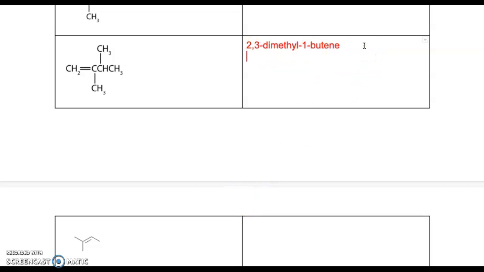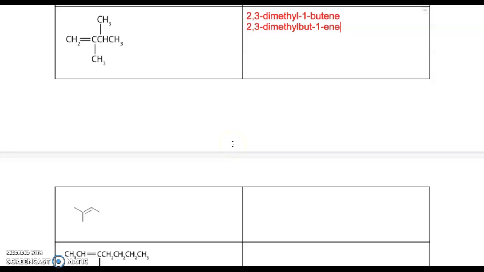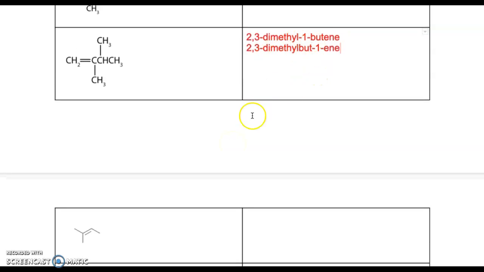There's also another possible way of writing the name for this molecule, this way. So you're just specifying that the double bond is at the first carbon this way. Either way is correct. So you pick whichever is easier for you.